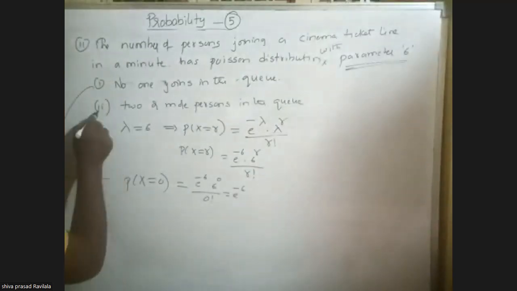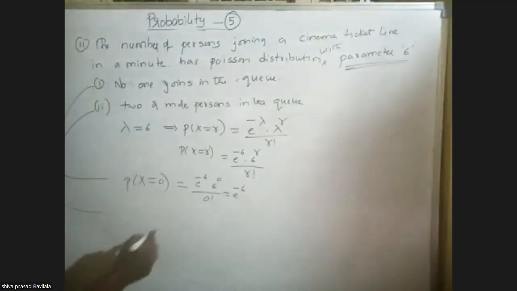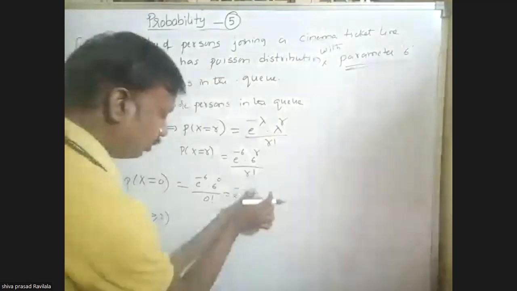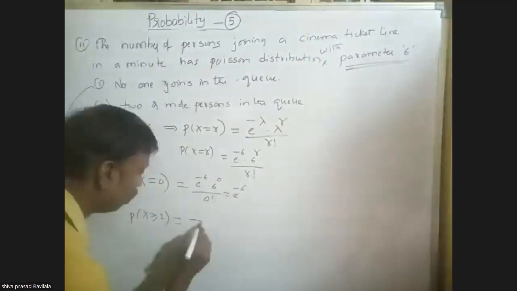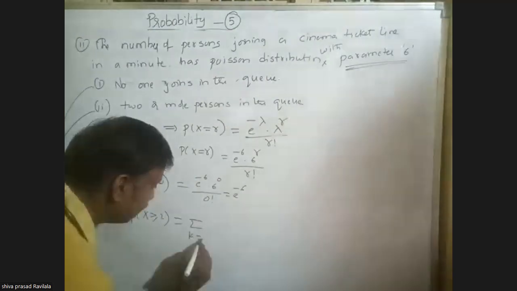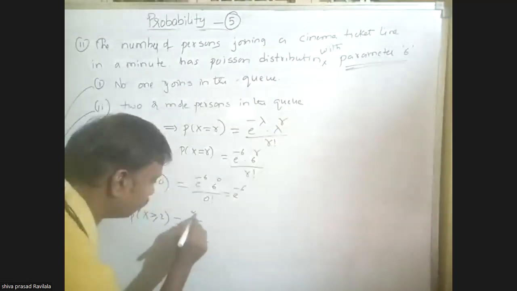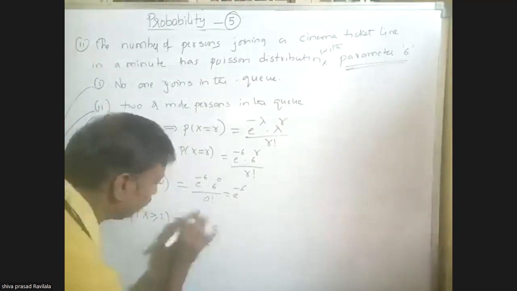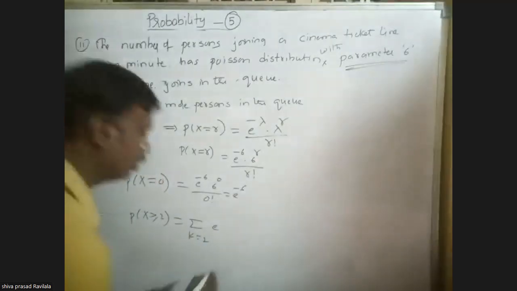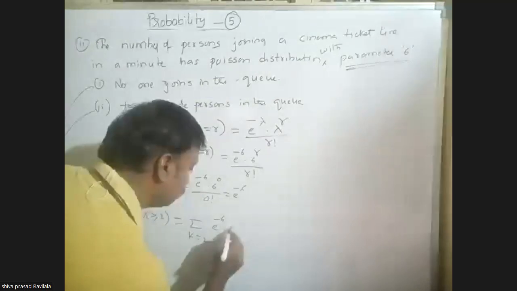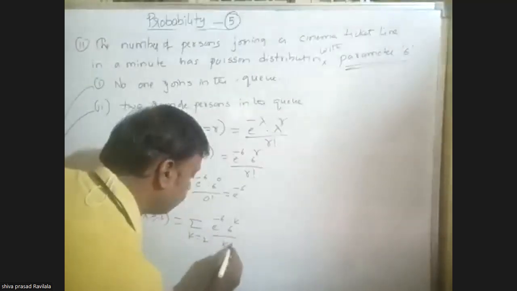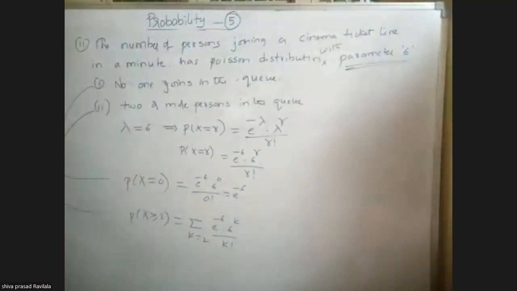And the second case, 2 or more persons join in the queue. That means probability of X greater than or equal to 2, which is the sum over k from 2 to infinity of e power minus 6 into 6 power k by k factorial.